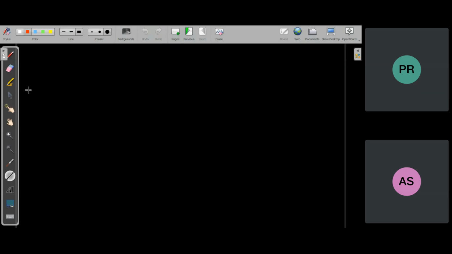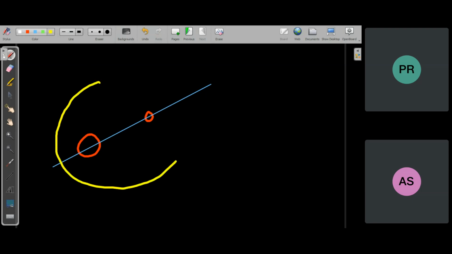For example, this is one particle, this is another particle, and this is the line joining the centers of both the particles. If their initial and final velocities are all along this line, then it is a head-on collision.